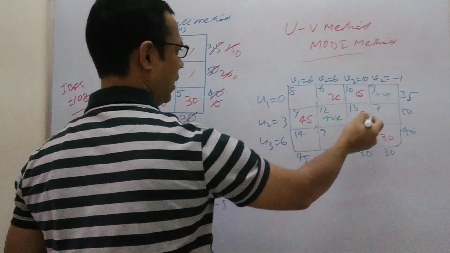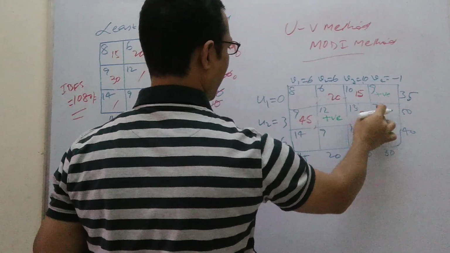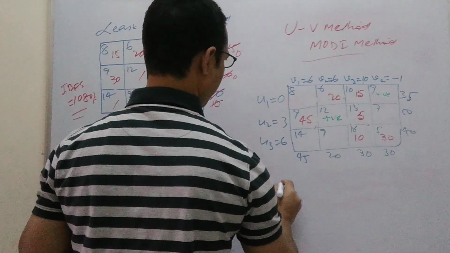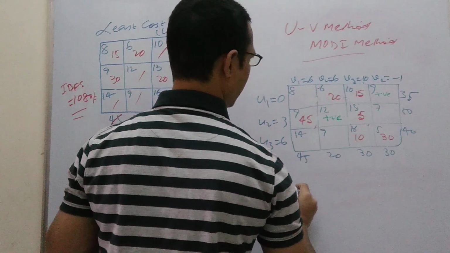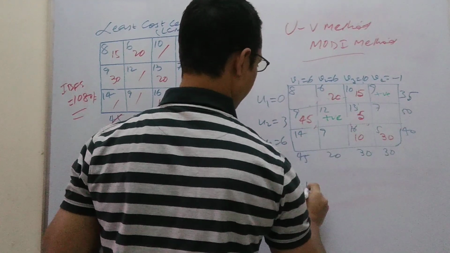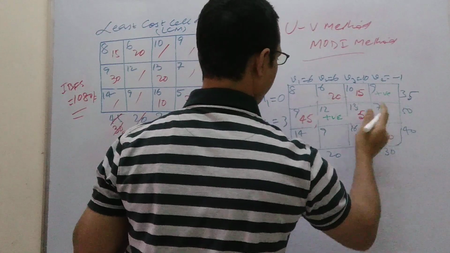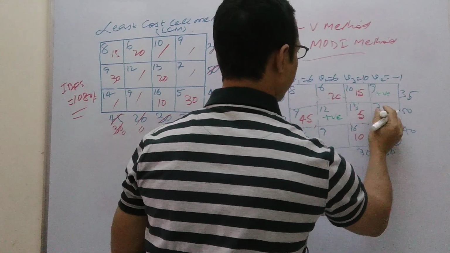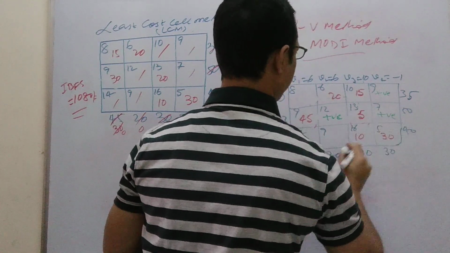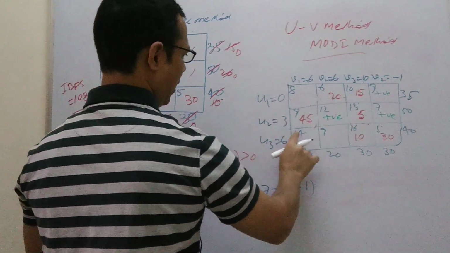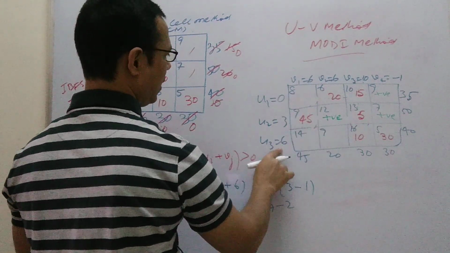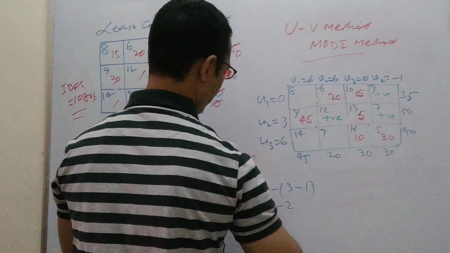Okay, check this cell: 7, and 7 minus (Ui 3 plus Vj minus 1), 7 minus 2, positive. So here also we get positive, write positive. Okay, now check here: 14, and 6 plus 6 is 12. 14 minus 12 is 2. It's also positive.